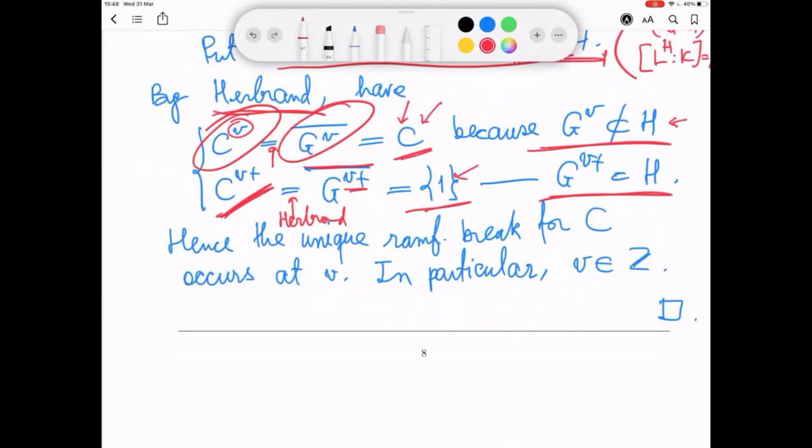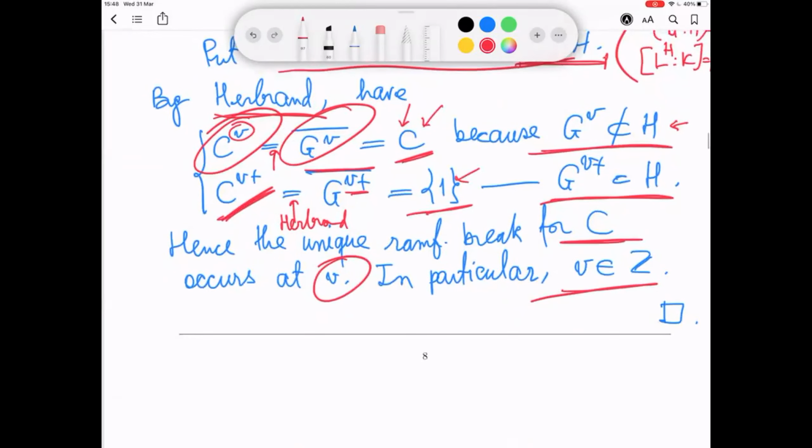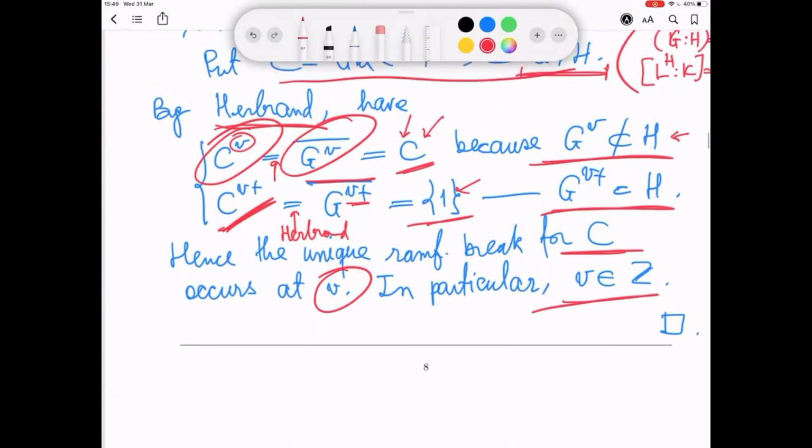So V is a ramification break for C. And in particular, V is an integer because for cyclic extensions, obviously the lower ramification break occurs at an integer and the upper ramification break occurs at the same integer. Okay, so what have we proved?